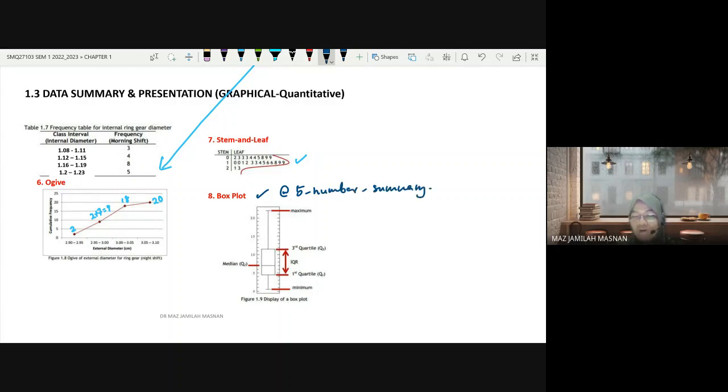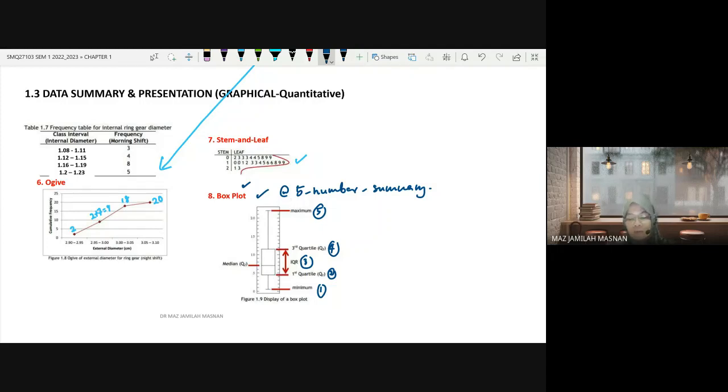Why do we call it 5 number summary? Because the first piece of information is the minimum. The second one is the first quartile. The third is the interquartile range. Number 4 is the third quartile. And number 5 is the maximum value. So that's why we call it 5 number summary, or sometimes box plot.